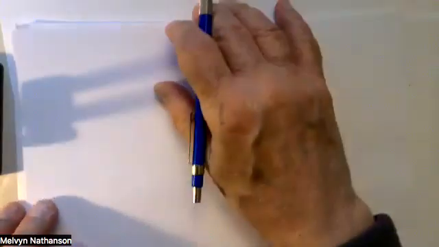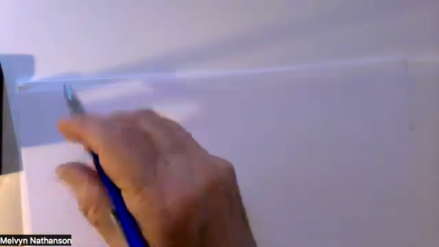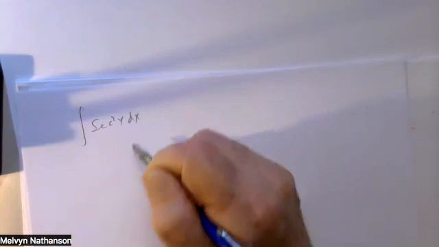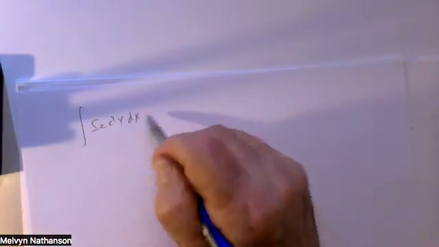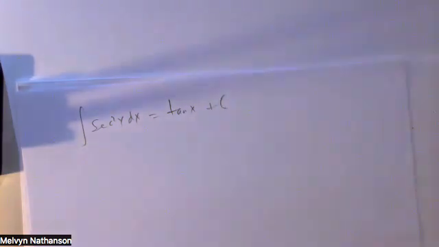So you need to spend a lot of time practicing the calculation of antiderivatives. The integral of secant squared of x dx. What is a function whose derivative is secant squared? Well, you have to remember these things. It's the tangent. So it's tangent of x plus a constant.